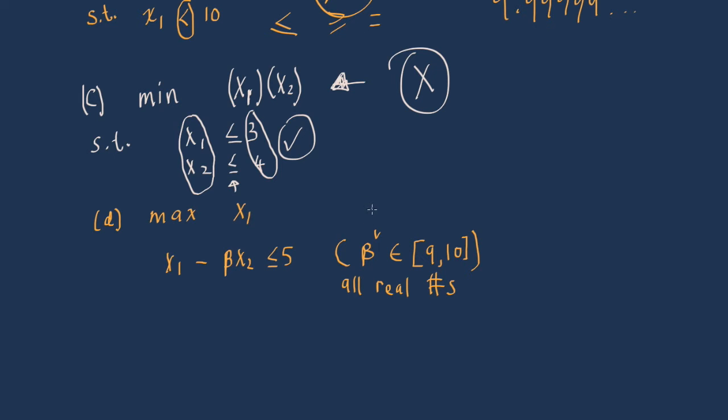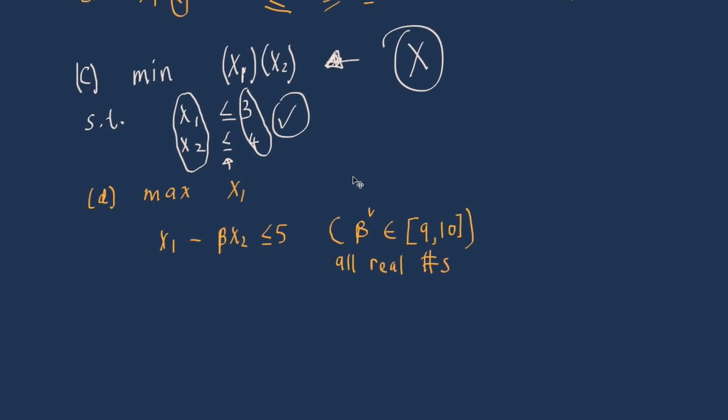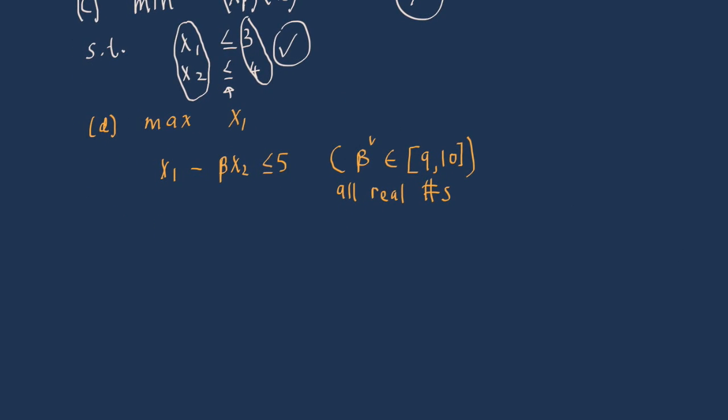Our final example is maximize x1 such that x1 minus beta x2 is less than or equal to 5, where beta is any real number between 9 and 10. In this case, our maximization component is maximizing a single term, which is fine. But the problem is that we have an infinite number of constraints. Beta can be any real number between 9 and 10.